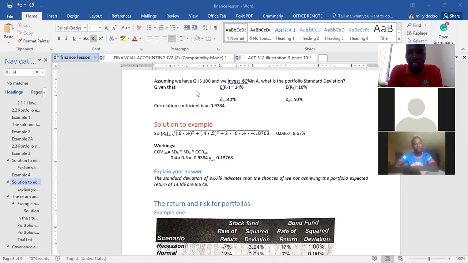The portfolio standard deviation is 3%. What does this 3% mean? What message is it communicating to you as an investor? Yes, I'm waiting for my answer.